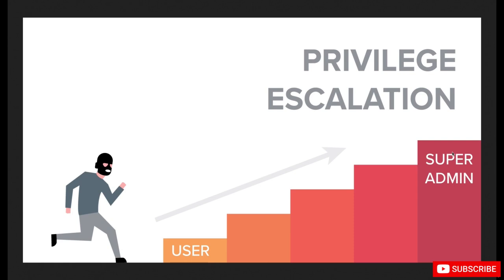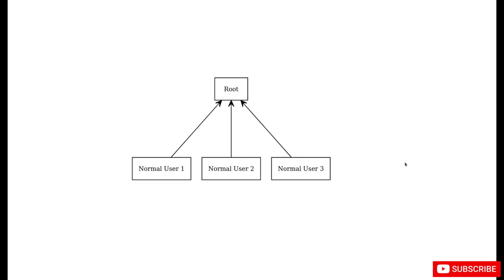And when we're talking about privilege escalation, the idea is to go from one level of privilege, so from a lower level of privilege, to a higher level of privilege. So let's say we're user Alice and we want to become root, the super user of the system, or we're user Bob and we want to become the root user, and the idea is to get more permissions into the system. So you already have basic access into the system as a normal user, but you want to become root.